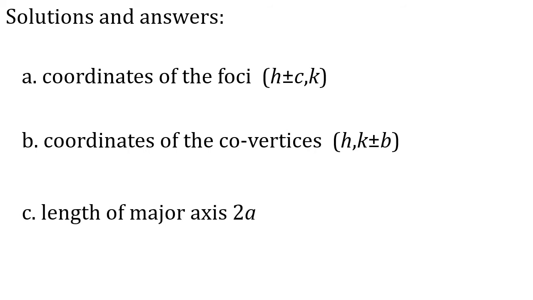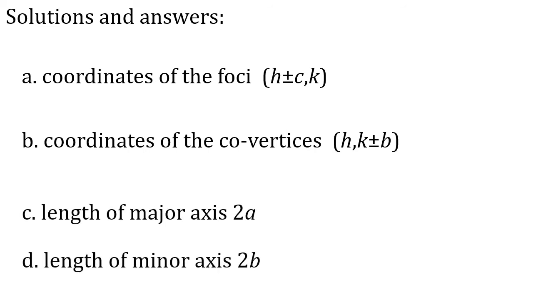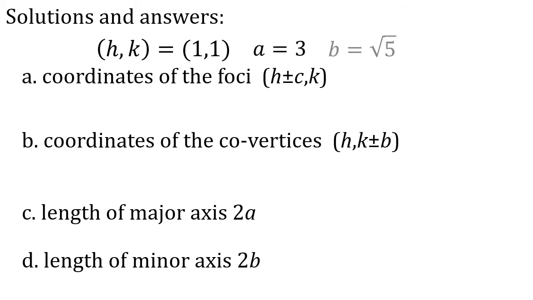The length of the major axis, which is 2a, and the length of the minor axis, which is 2b. So we will be using this information that we have obtained earlier. The coordinate of the center is (1, 1). a is equal to 3, b is equal to square root of 5, and c is equal to 2.